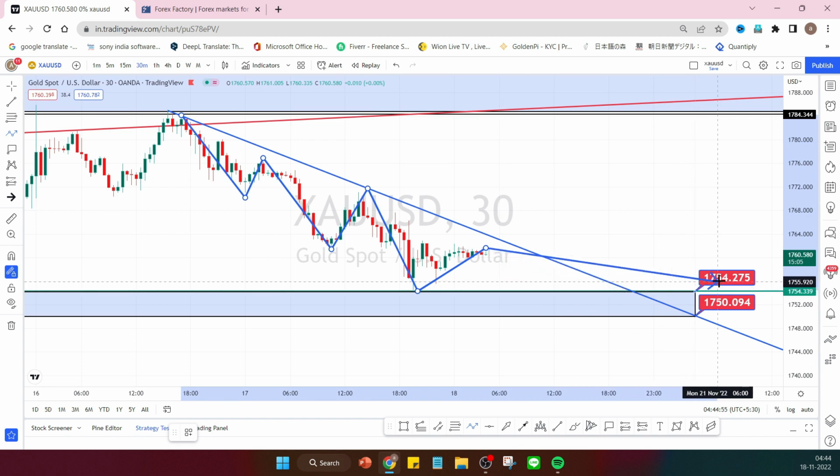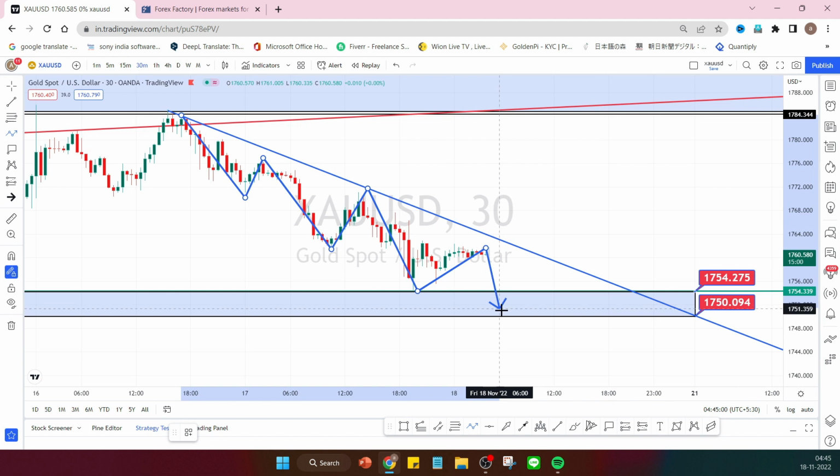So for now, this area between 1754 to 1750 is acting as a very strong support zone. So wait for the price action to break this support zone if you want to take trades on the bearish side retracement, or wait for the price action to break this trend line if you want to freshly enter on the bullish side retracement.